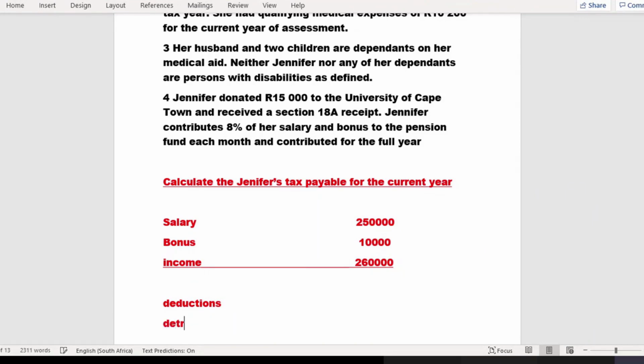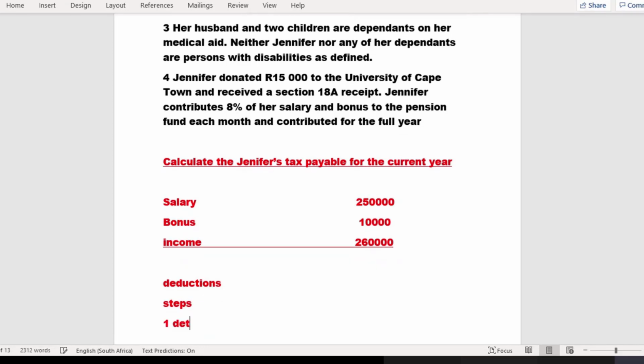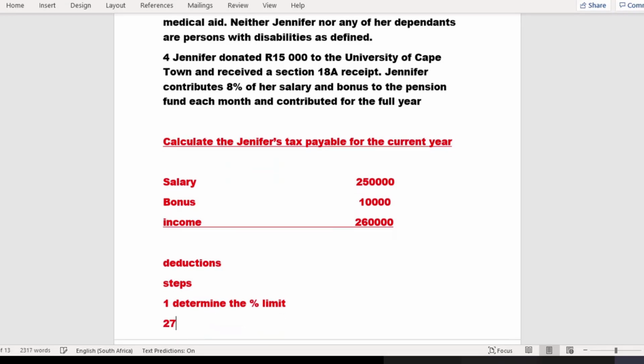All right, your first step, you're going to look at the steps, right? One will be you determine the percentage limit. You remember that? Yeah. Which is what? 27.5% of 260,000 rand. You get it?